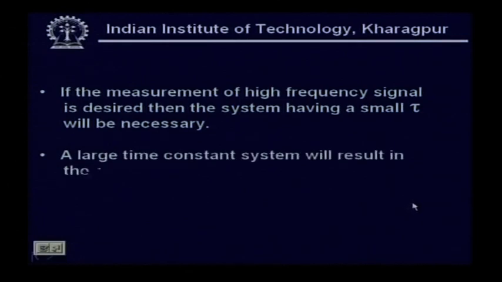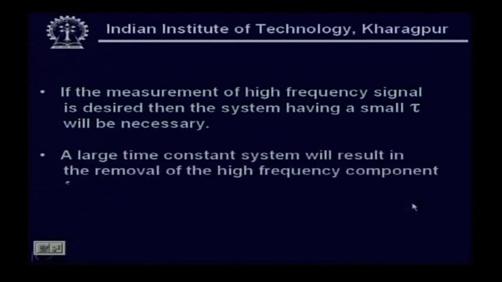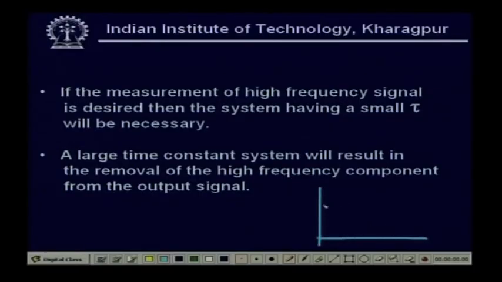A large time constant system will result in the removal of the high frequency component from the output signal. Quite obviously, if the frequency is high, we have seen in the plot, I have a plot like this. You see here it is falling down, so omega tau is large.